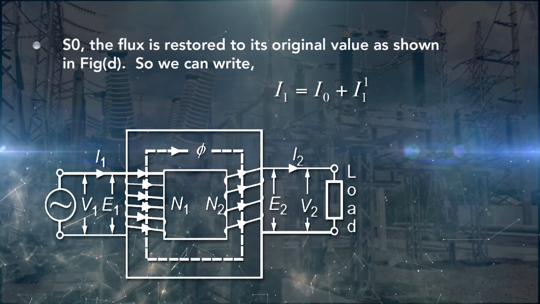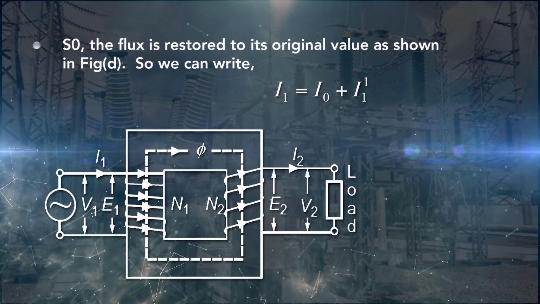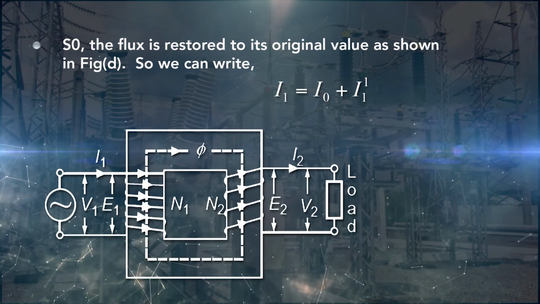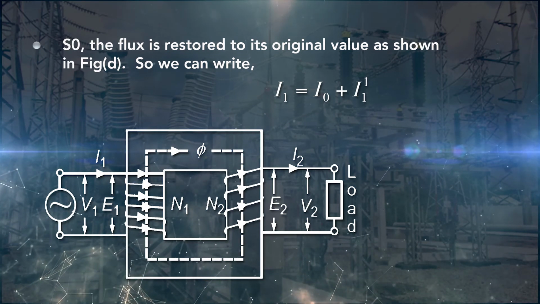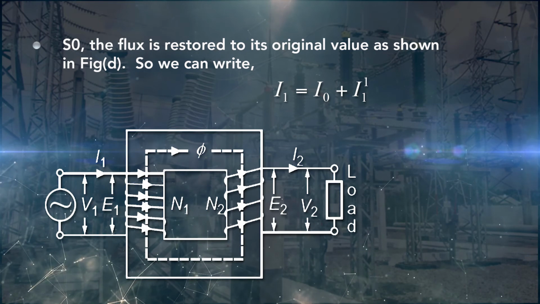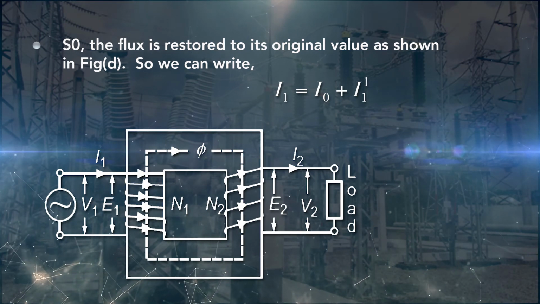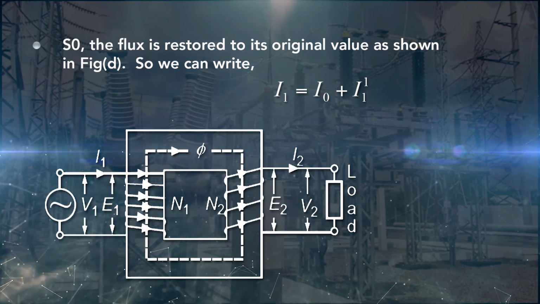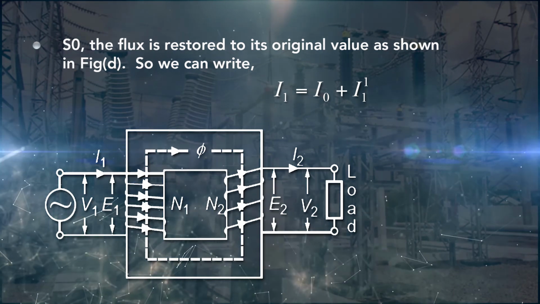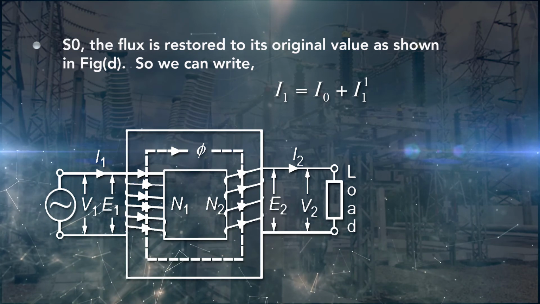This I1 dash is useful to counter the flux phi 2 which opposes the main flux phi. So this I1 dash into N1 produces flux that opposes the flux phi 2, which is generated due to the current I2 and number of turns N2.